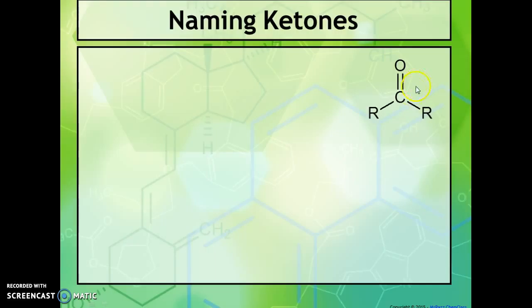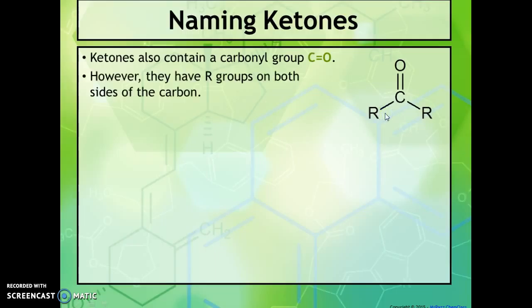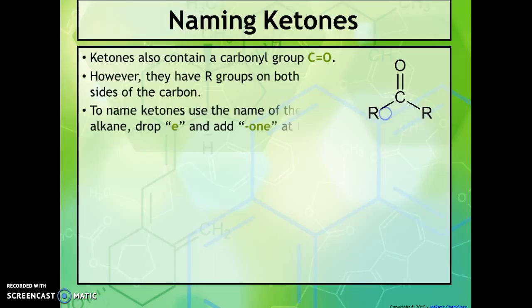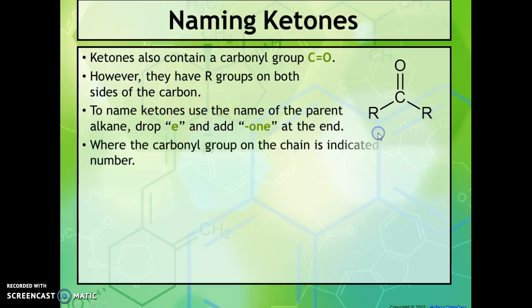Okay, so what if it was a ketone? Well, ketones, the only way they're different from an aldehyde is they don't have that hydrogen. That means these can bond wherever they want to, in the middle, at the end, doesn't matter, because they can have something on each side. And to name these, we just use that same parent name, but drop the E and add "-one" at the end.